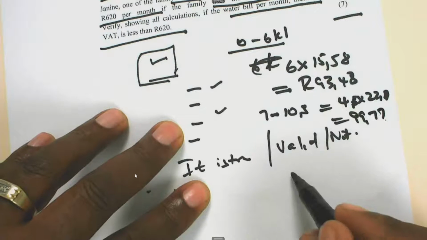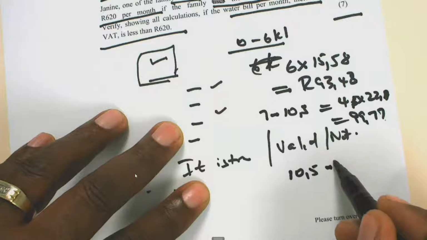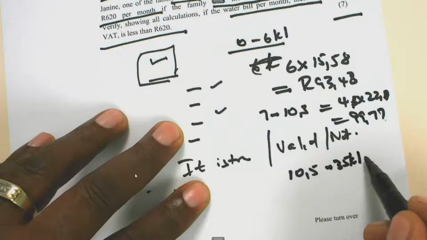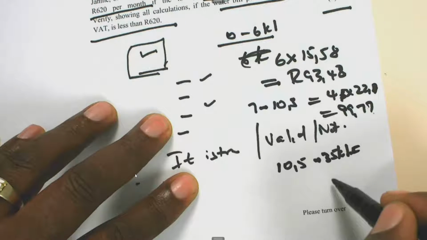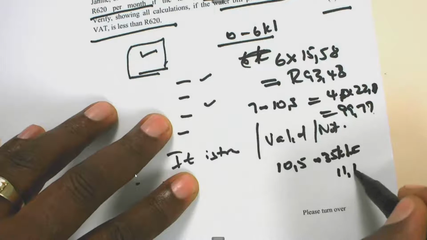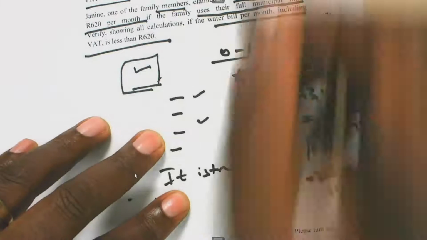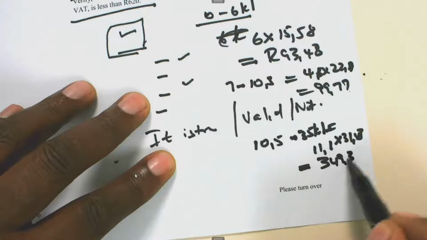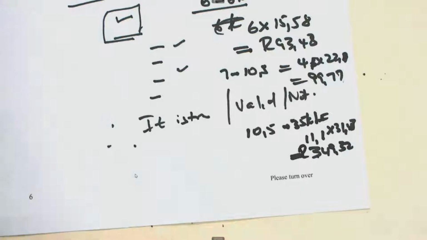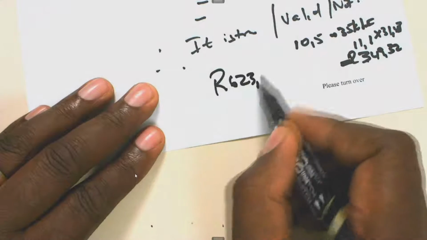You go to the next bracket, 10.5 to 35 kiloliters. Now you multiply 11.1 by 31 rand 47, which is this bracket, and you get the amount 349.32. Then after that, you add all those 3 amounts, and you will see that it will give you about 623.96.